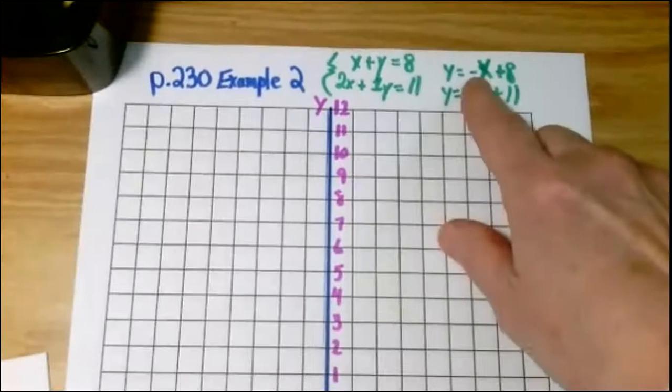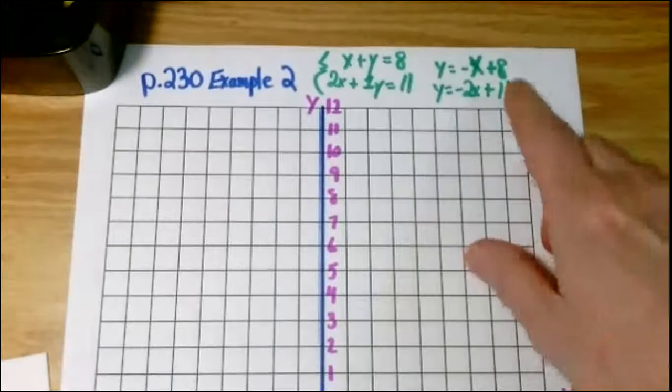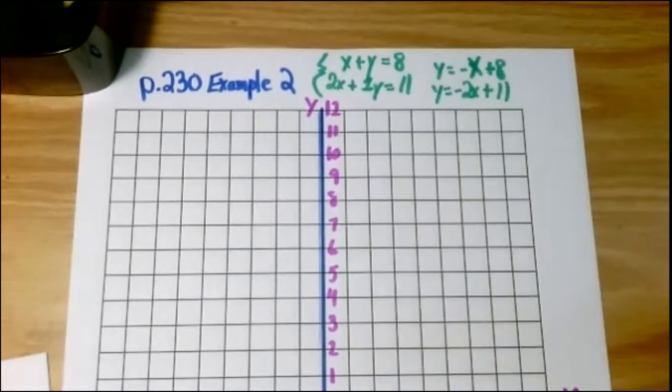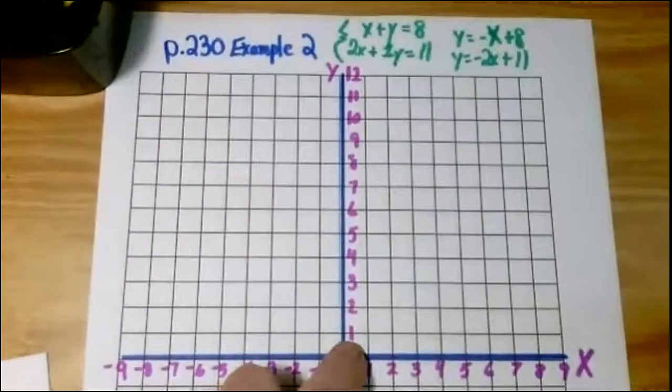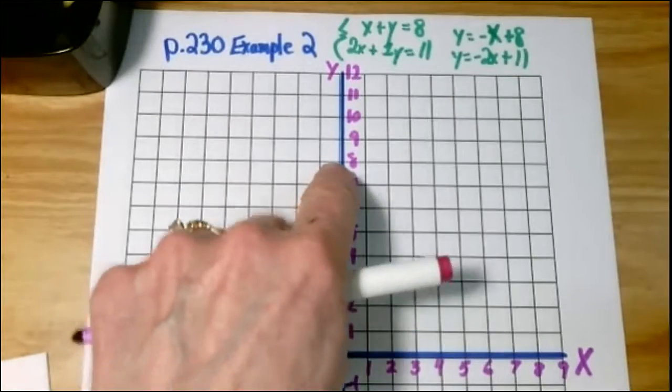So let's graph y equals negative x plus 8. This should be coming second nature to you by now on how to do this. The y-intercept is 8. So that's where x equals 0 and y equals 8. So if I go up, this is where x is 0. Here's where it crosses y equals 8.